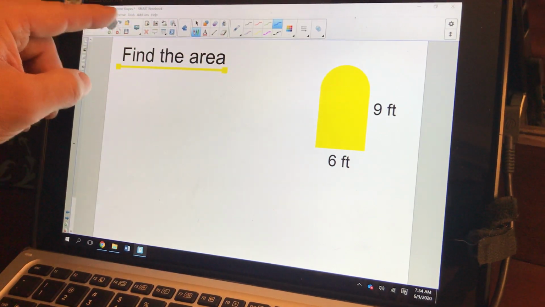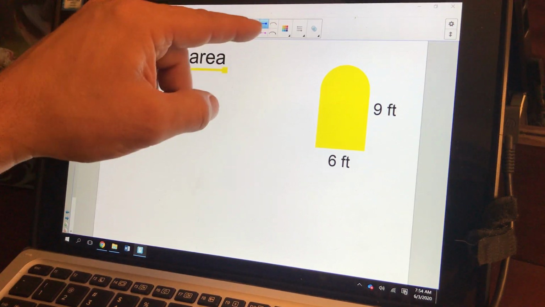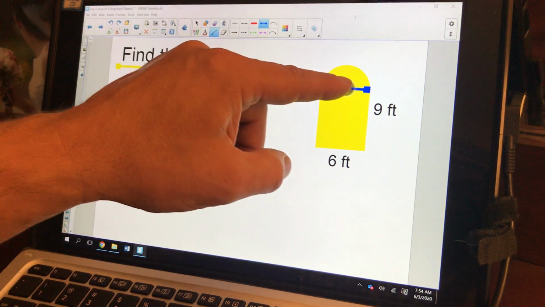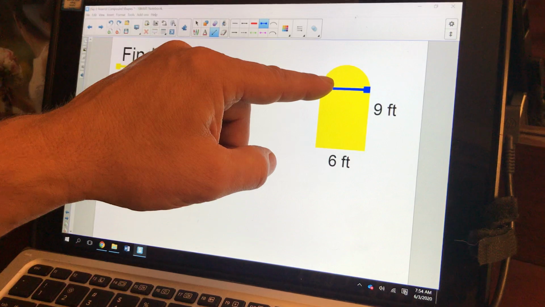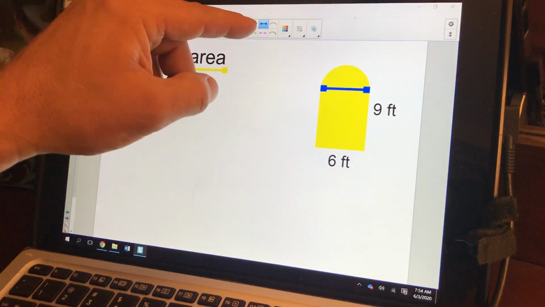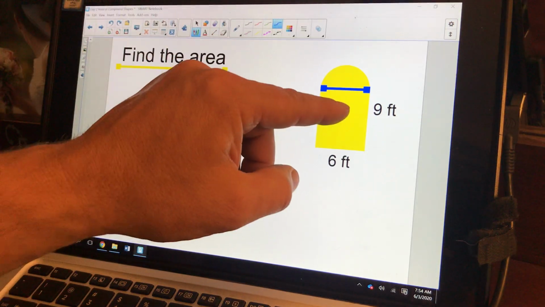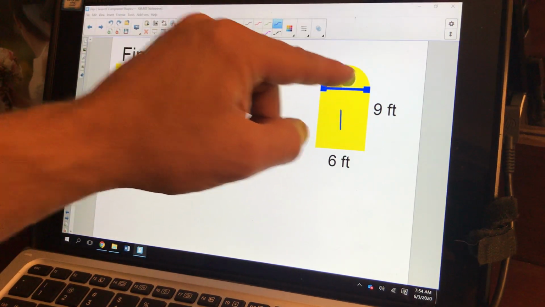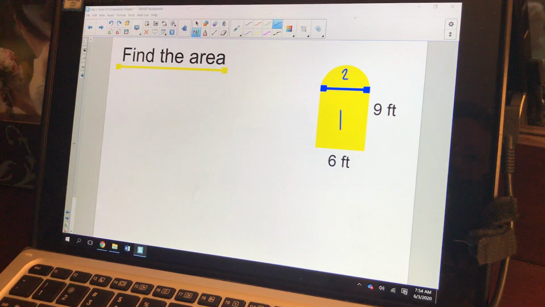Let me undo that so I can draw a straight line. There we go. So I have a rectangle on the bottom, which I'll call shape number 1, and shape number 2 is half of a circle.